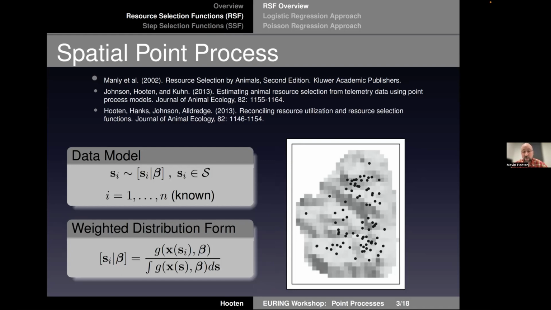And the goal then would be to estimate and learn beta, and then make inference about beta, as in that case, you can only make inference as relative selection. So in that case, if beta is really large, then this particular covariate suggests that the individual is selecting for that covariate more.